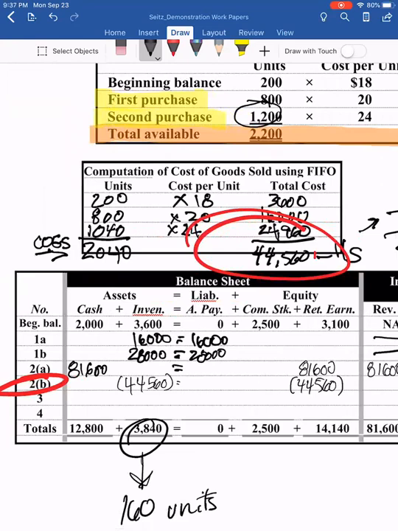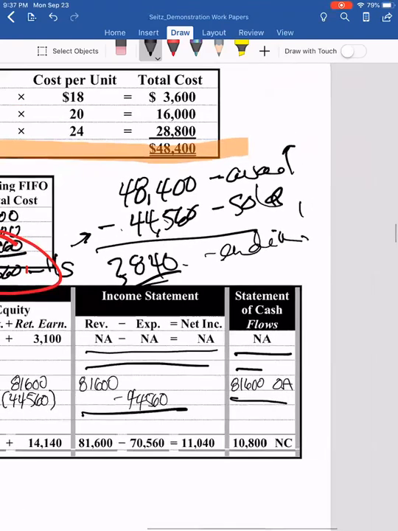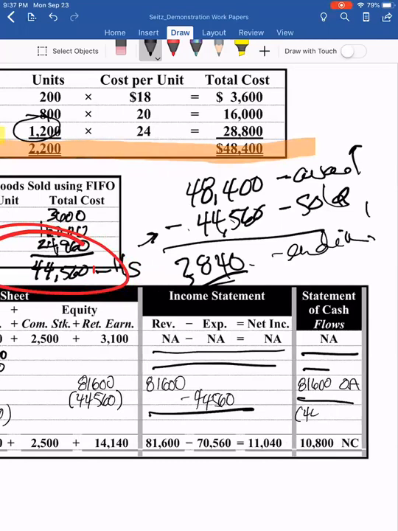All right. 3, the company paid $44,800 cash on accounts payable for inventory purchases. So you're going to see cash decrease $44,800. You're going to see your liabilities decrease. That does not affect the income statement, but you will see a decrease in cash flow, $44,800.